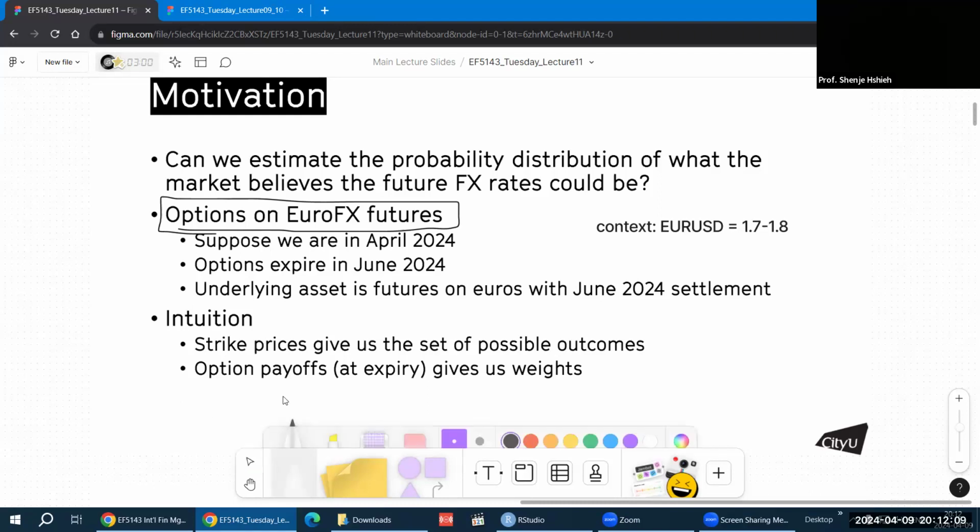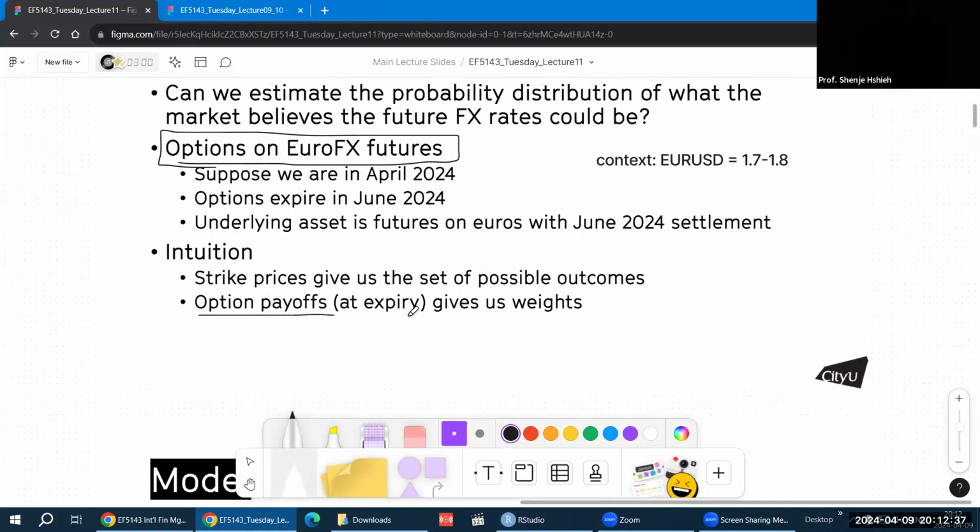So the intuition: the strike price defines the set of possible outcomes of what people believe the underlying asset will be in the future. So in the case of euros, it's currently trading at 1.7, 1.8, but the currency could weaken, the currency could strengthen. People place bets based on the options that are being traded in the public markets, right?